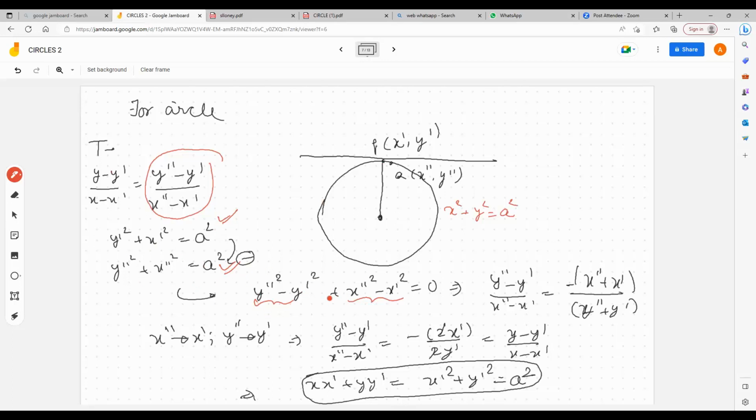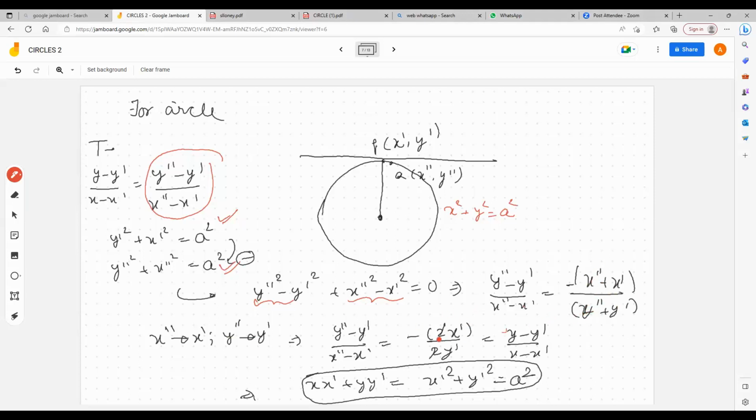Now rearranging the terms, we can see that (y'' minus y') divided by (x'' minus x') will be equal to minus (x' plus x'') upon (y' plus y''). Now what we said was that x'' approaches x' and y'' approaches y'. So here we can substitute x'' as x' and y'' as y'.